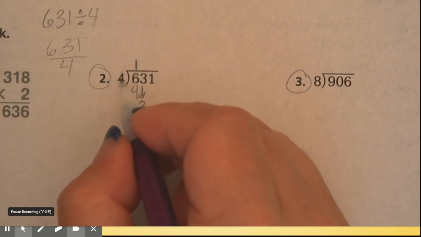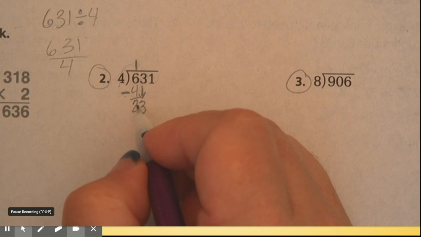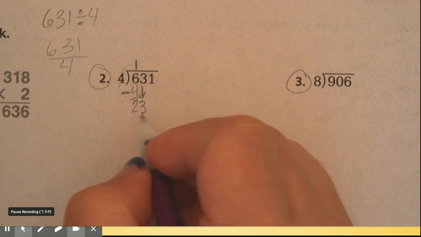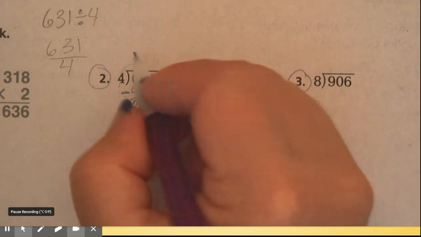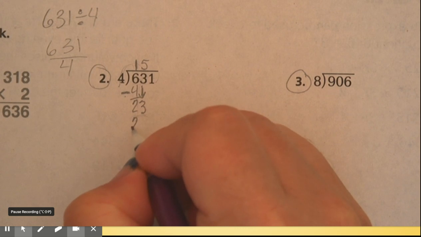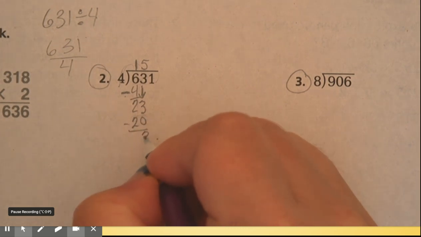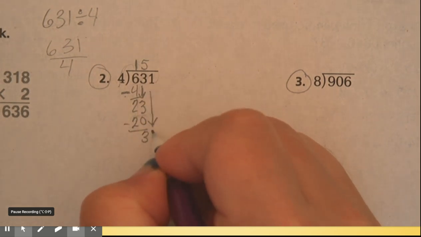So 4 now is going to jump in the box, and it always works from the bottom. It has 23. 4 times 5 is 20, and it subtracts out a 3, and it drops down a 1.